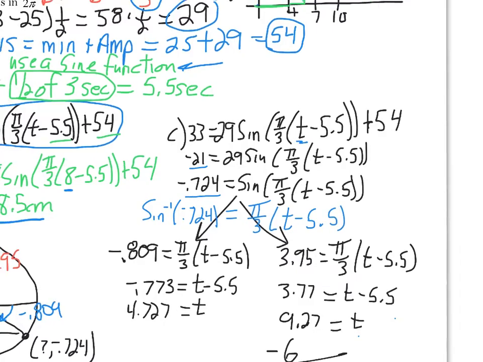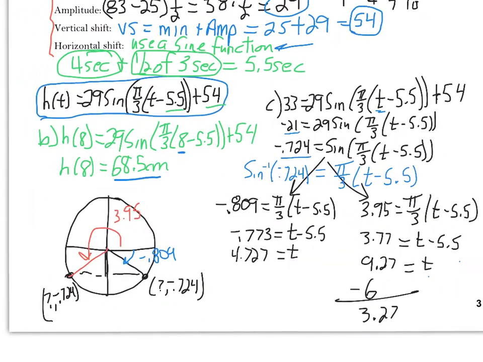Now what does that look like on the unit circle? Well, a negative 0.724 is going to be a y-coordinate because we're dealing with sine. That's right here. And so the angle that we're looking for is this little angle coming down from the x-axis.